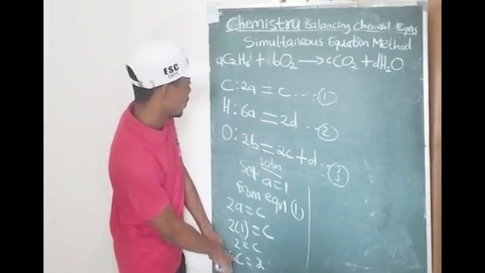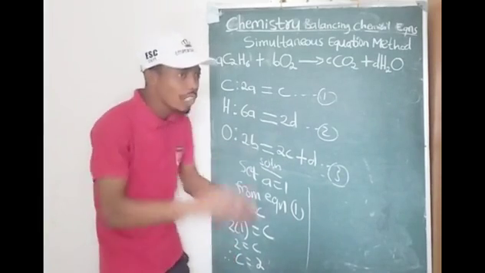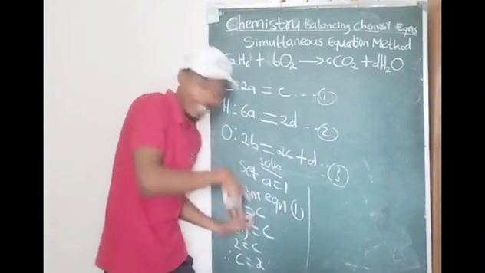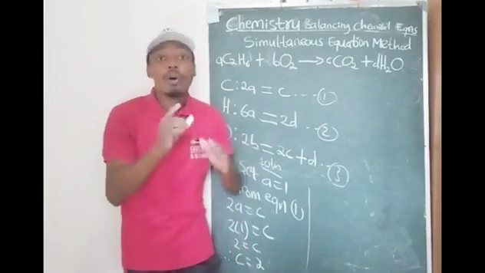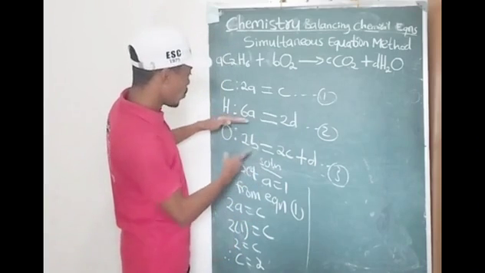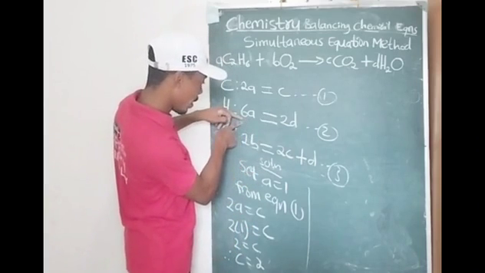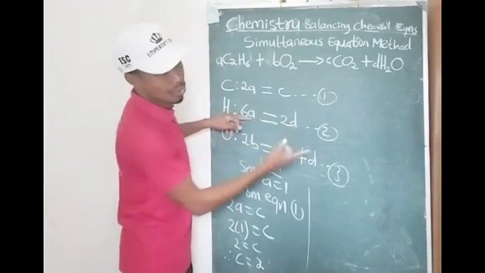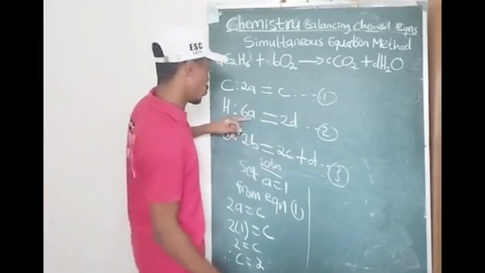C is 2. Which other equation would be easier for us to substitute A or C or both of them? All right. So I move to equation 2, I can see A. If I substitute A here, I will find D. So equation 2 is easier to work with.